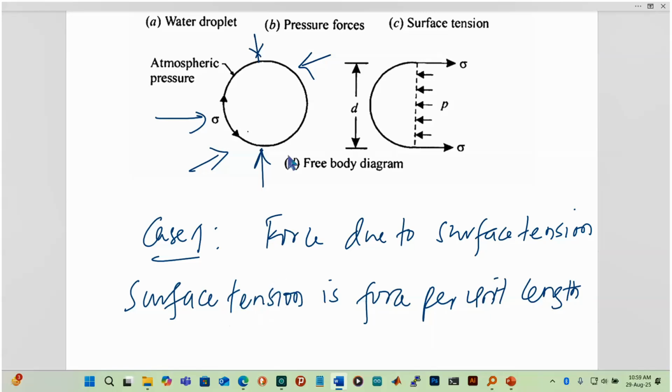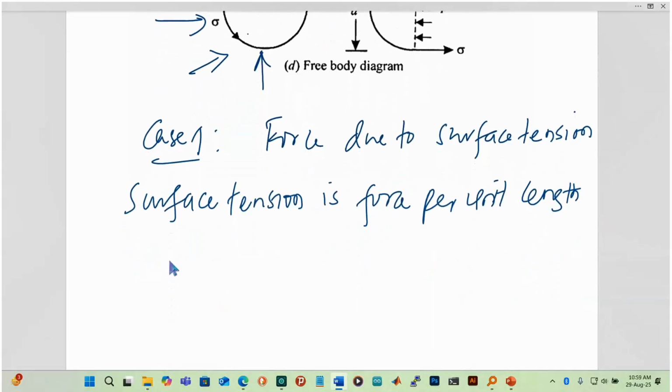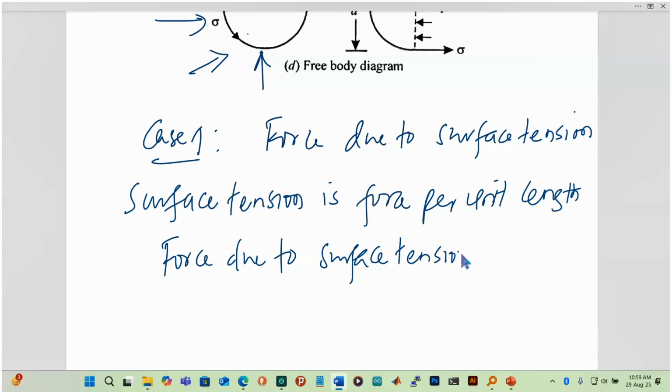So since it is acting around the circumference of this circle, then that means we shall say the force due to surface tension will equal to surface tension itself times the length, and then length here that we are talking about is the circumference.